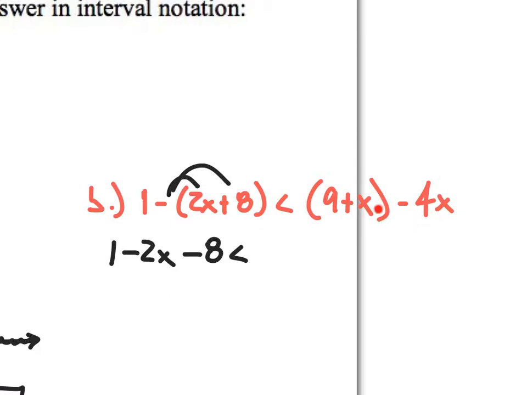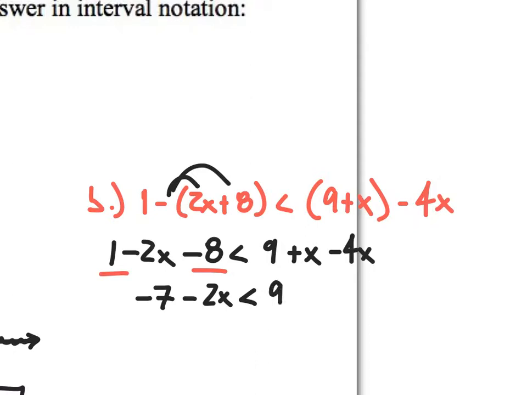The parentheses on the right don't really matter because I have a positive sign out front. Now let's combine like terms. 1 minus 8 gives me negative 7, and then minus 2x, is less than 9, and x minus 4x gives me minus 3x.